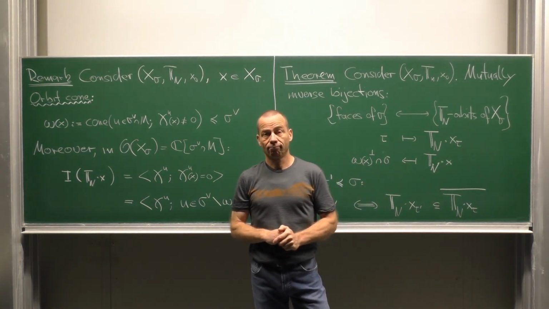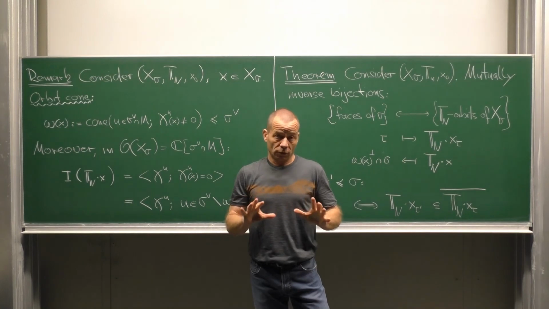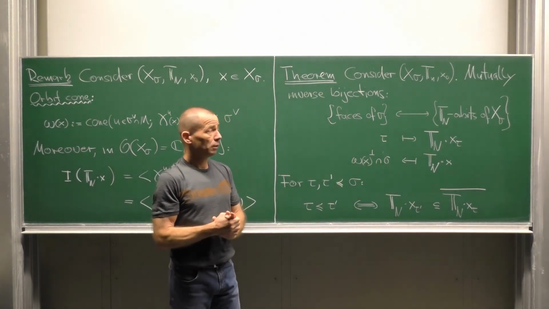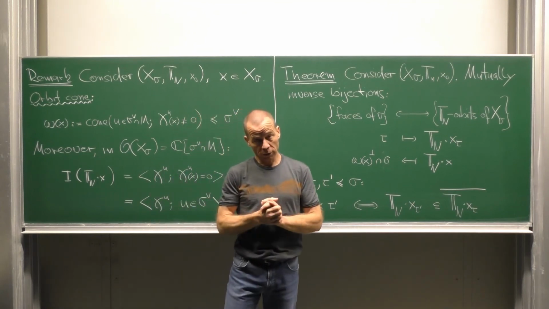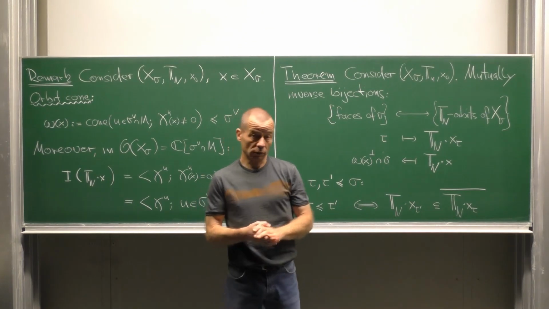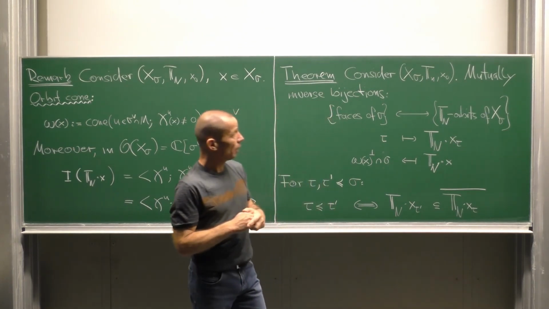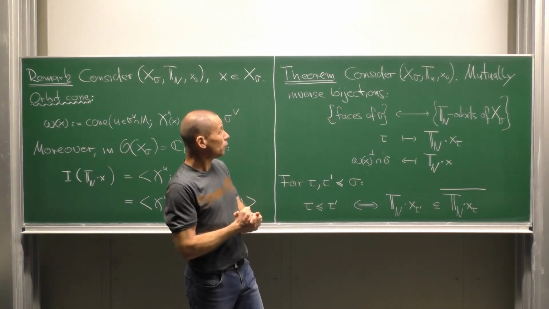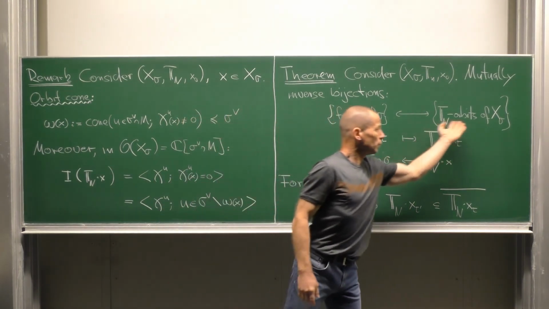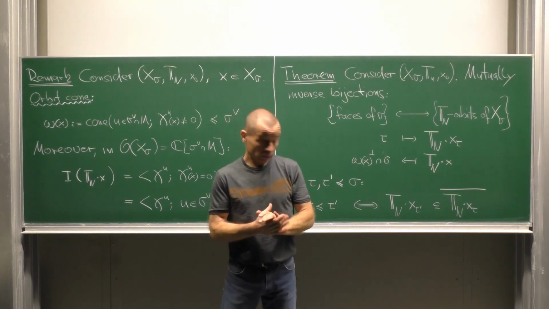Summarizing all this, we arrive at the final theorem about the orbit correspondence of an affine toric variety given by a lattice cone. We have mutually inverse bijections from the set of faces of sigma to the torus orbits of X sigma.